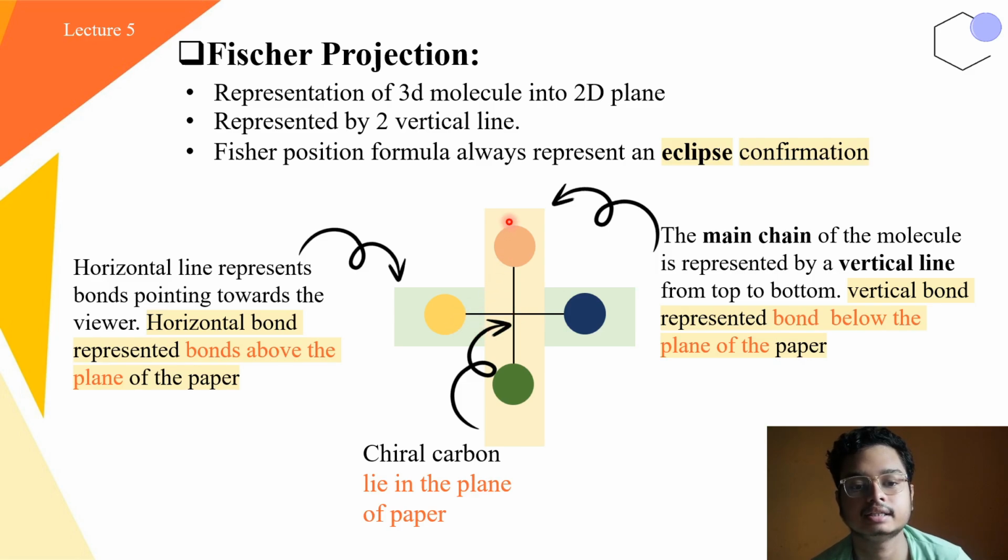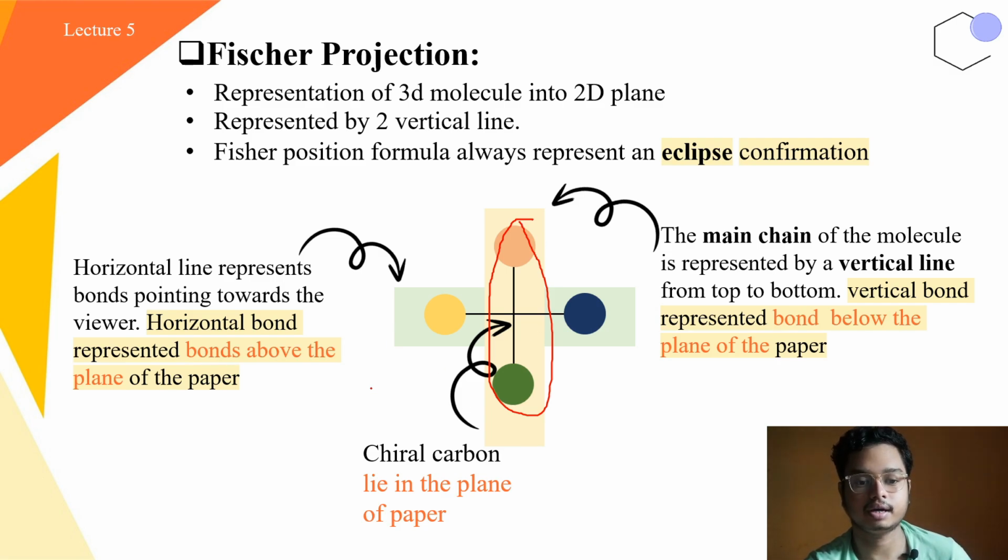Okay, and this particular vertical bond is the main chain. The main chain of a molecule is represented by a vertical line from top to bottom, and this vertical line represents the bonds which are below the plane of paper. That means these bonds are away from the observer.